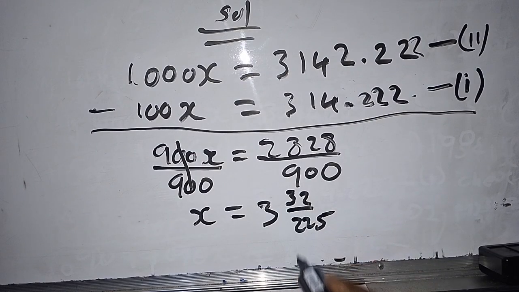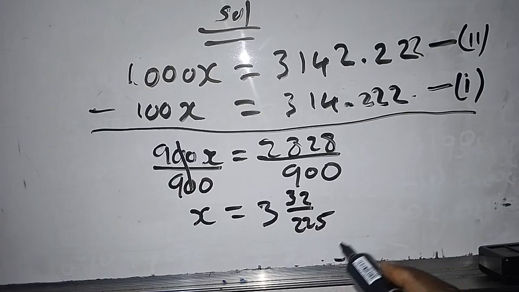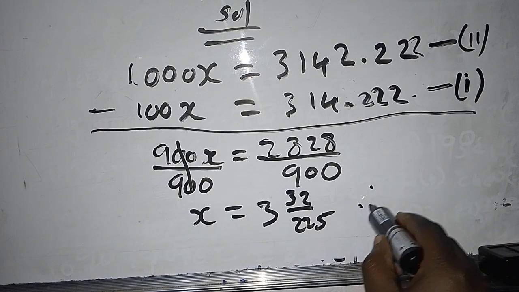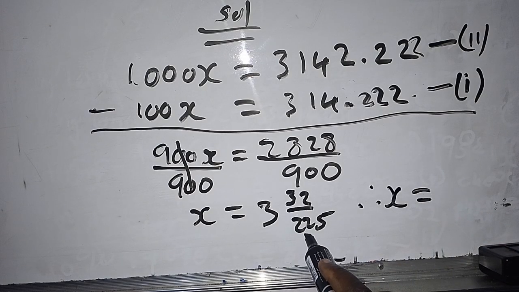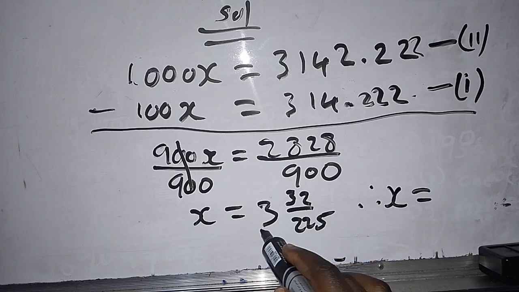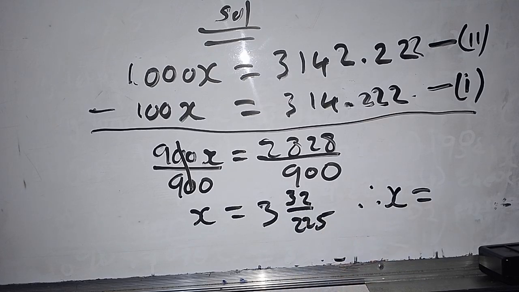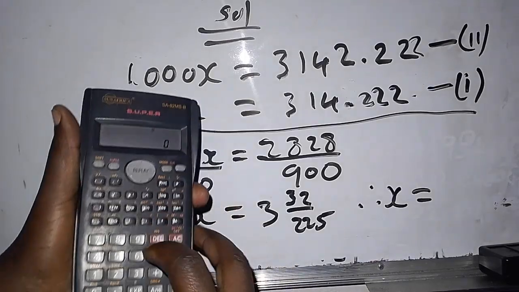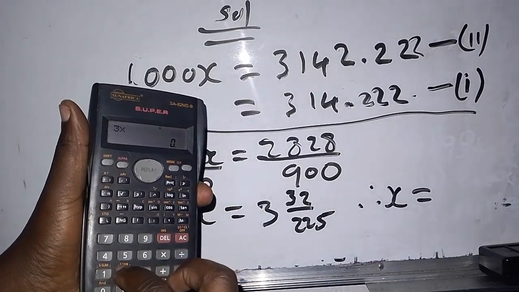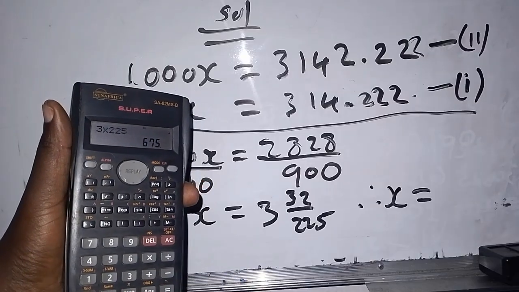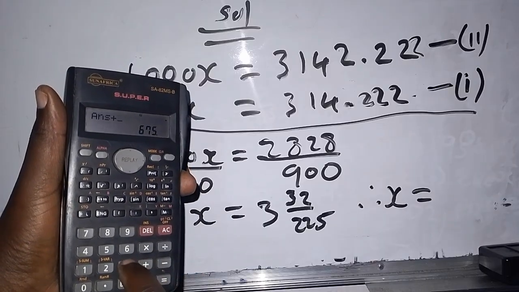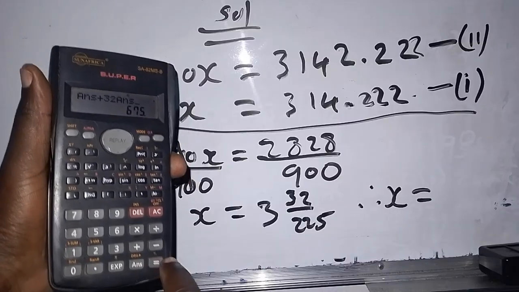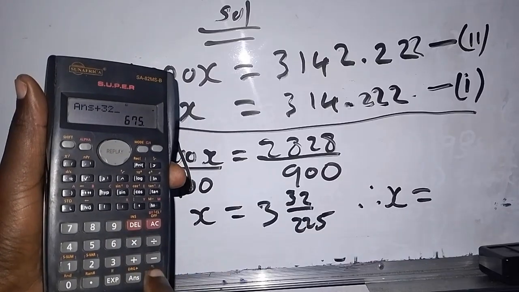But remember, a rational fraction is never expressed in mixed fraction form. Therefore x equals 225 times 3, which is 675, then we add 32.